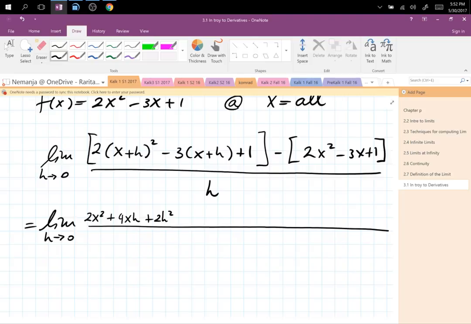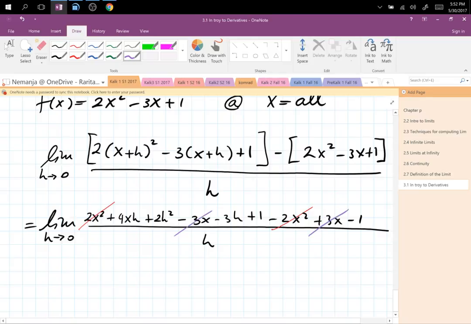This was the square of binomial. Minus 3x minus 3h plus 1 minus 2x squared plus 3x minus 1. Everything over h. And then you see how these guys are a pair. They cancel. These guys are a pair. They cancel. And these, not that one, these guys are a pair. They cancel as well. So red with red, blue with blue, and purple with purple.